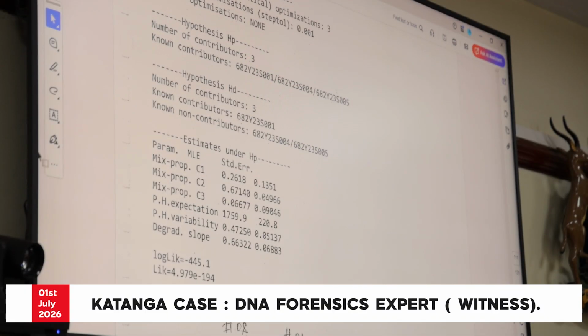In this instance, again, estimates under HP. We have C1 is consistently Henry, which is 0.26. C2, Molly, 0.67. And 3 is Patricia at 0.06 or 6%.